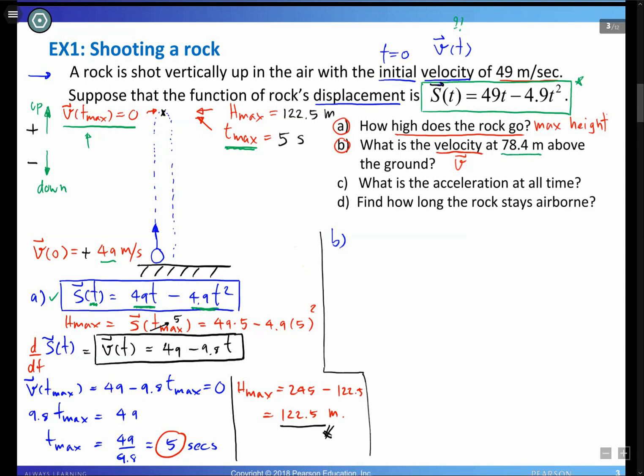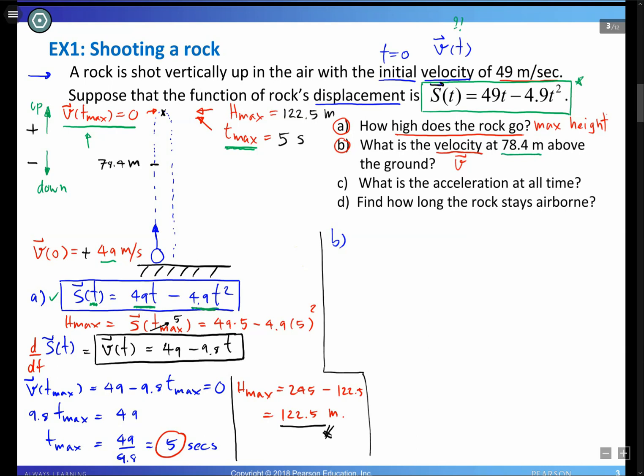So let's put this clue on the diagram. The maximum height is 122.5 meters, and we need to put 78.4 meters in. So it should be a little bit higher than the halfway of this flight. So somewhere around here. So let's assume that this point is 78.4 meters above the ground.